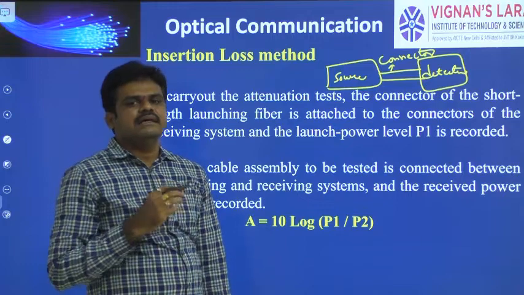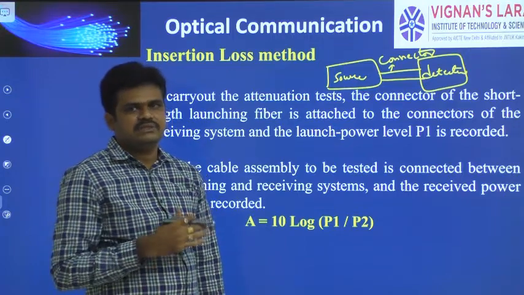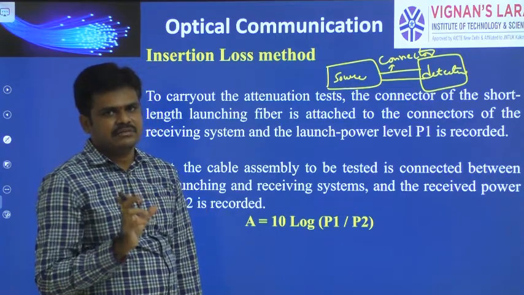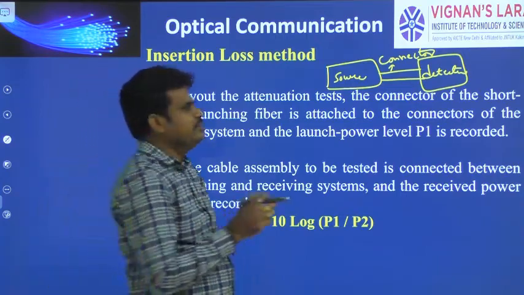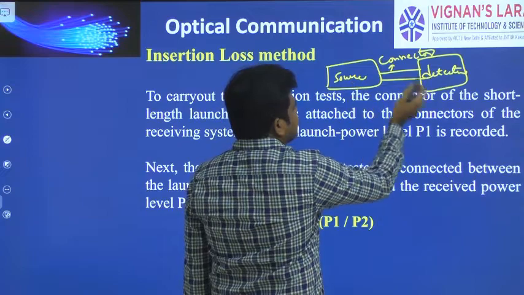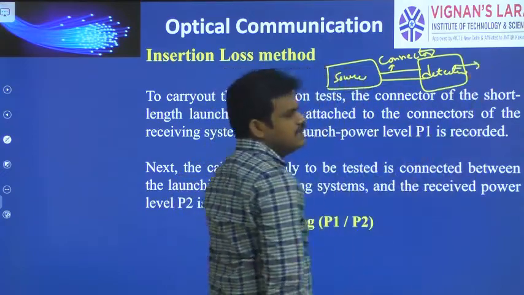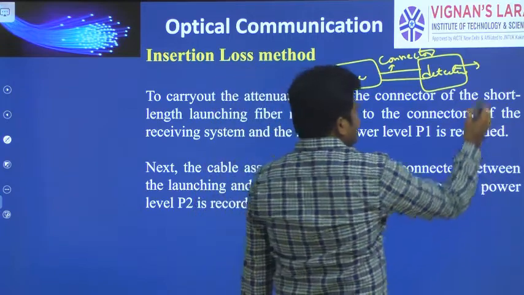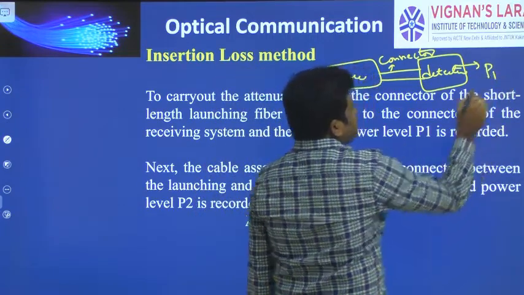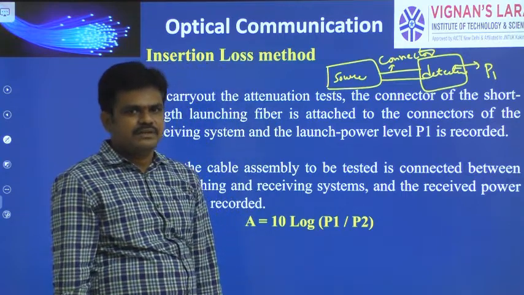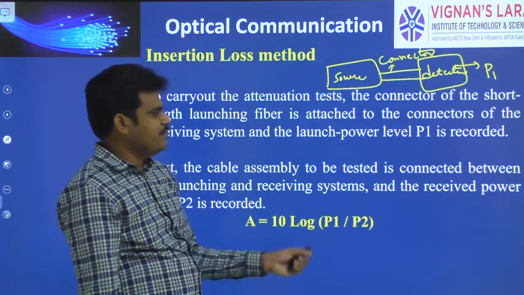We don't lay an optical cable between the source and detector. Instead, we use a very small length connector to connect them, and we measure the power at the detector or the receiver and name it P1. This is step 1.